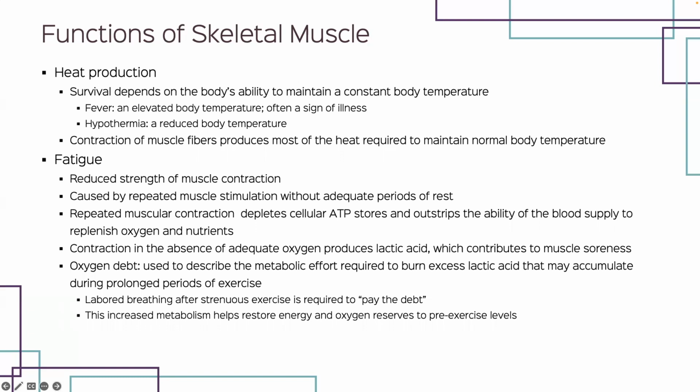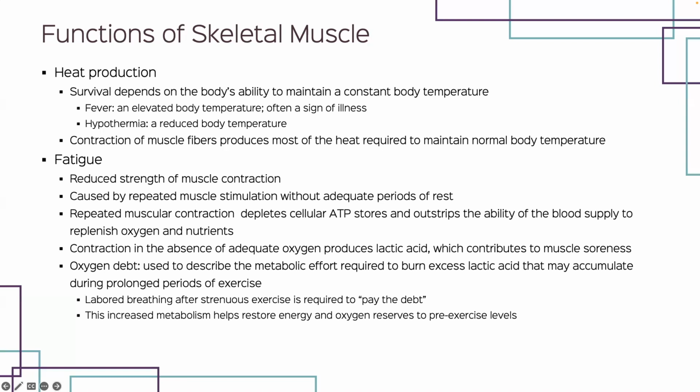Any decrease below normal, a condition called hypothermia, will drastically affect cellular activity and normal body function. The contraction of muscle fibers will produce most of the heat that is required to maintain our body temperature. If the muscle fibers are stimulated repeatedly without adequate periods of rest, then the strength of the muscle contraction decreases. Therefore, it will result in fatigue.